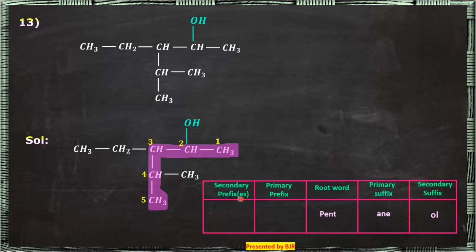And 2 substituents are attached to this parent chain, ethyl and methyl. While writing the prefixes, we have to follow alphabetical order, so ethyl comes first. So 3-ethyl 4-methyl pentane 2-ol, because the second carbon atom is attached to the alcohol functional group. Okay, so this is the IUPAC name of this organic compound.